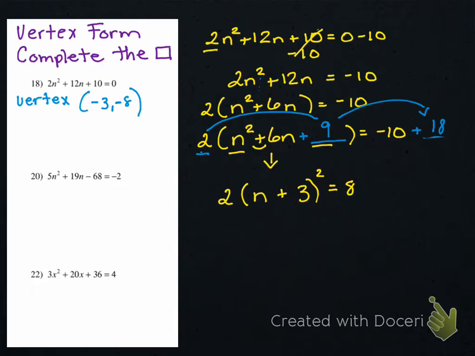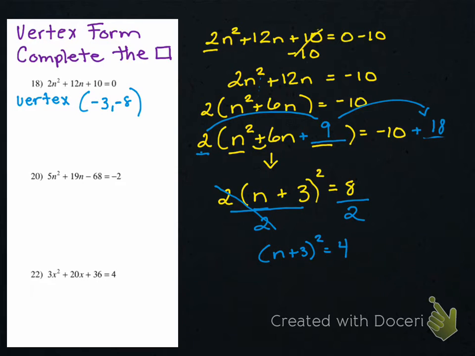I want to separate. And so I'm actually going to isolate my n even further by getting out everybody that's not an n. So I'm going to start by just simply dividing both sides by 2. Now, dividing both sides by 2 will get rid of that little 2 on the outside. And that's going to leave me with the quantity of n plus 3 squared still, equal to 4.